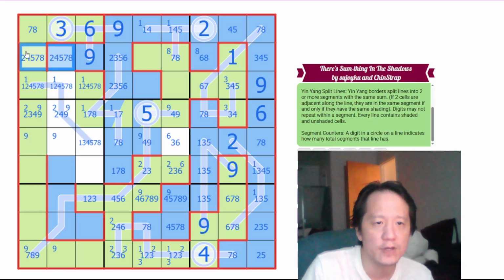Again, these can't be 8 because one of these two is an 8.